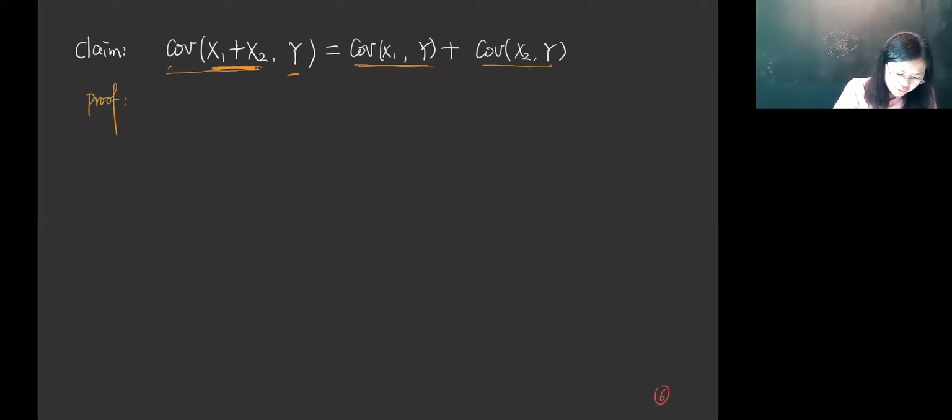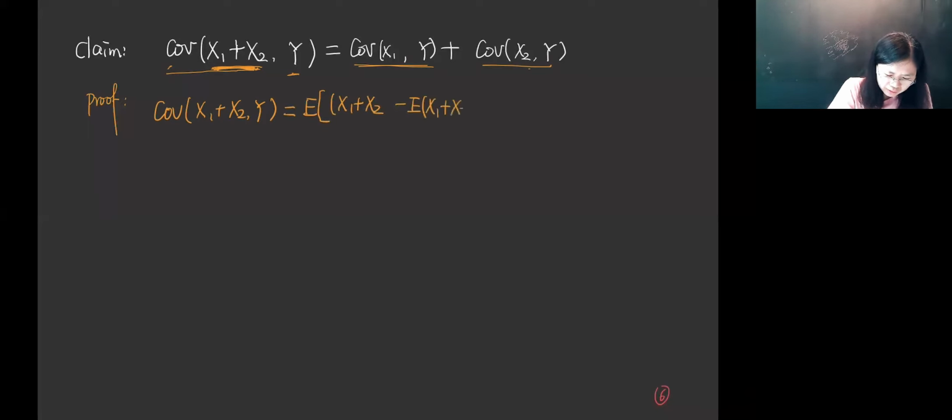We can prove it again, starting with the definition. By definition, this equals the expected value of (X1 plus X2 minus expected value of X1 plus X2) times (Y minus E of Y). Now, expectation of the sum of the two random variables equals the sum of the expectations, as we have learned before.